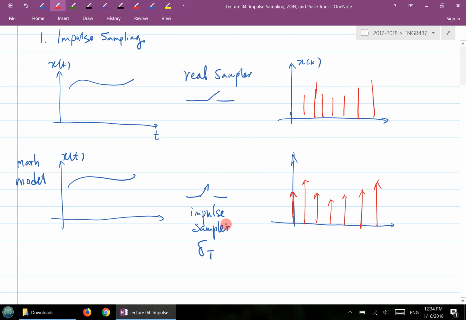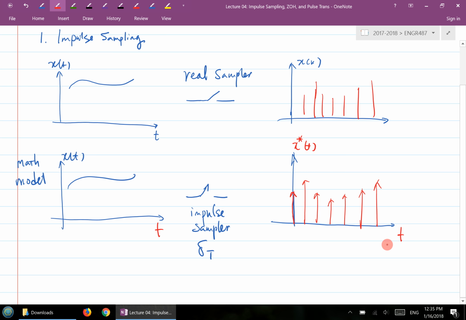The other difference is this: x of t is a time function, and what comes out of the impulse sampler, mathematically, we represent with x star of t. Technically, this is still a time function. It's a broken time function here.